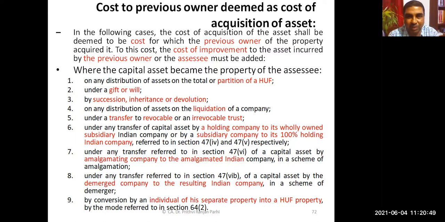This applies when the property is transferred as a result of total or partial partition of an undivided family, or when an asset is received as a gift or will, or by means of succession, inheritance, and devolution, or when an asset is transferred through liquidation process, or when it is transferred to a revocable or an irrevocable trust. Revocable means which can be cancelled. Irrevocable means which cannot be cancelled.